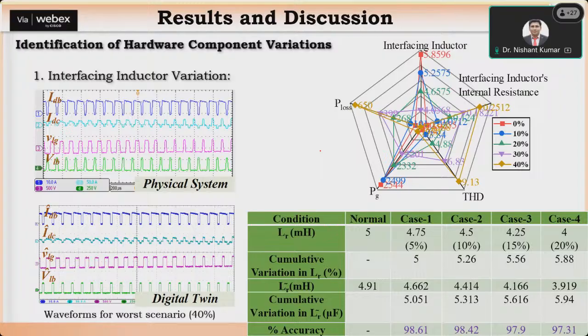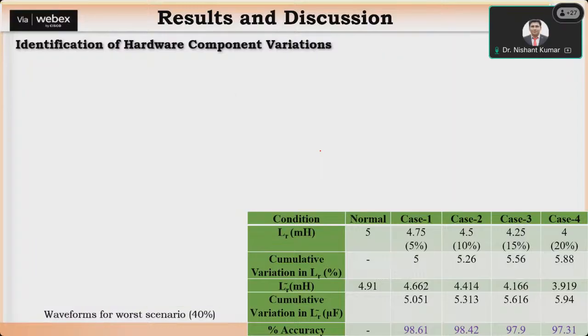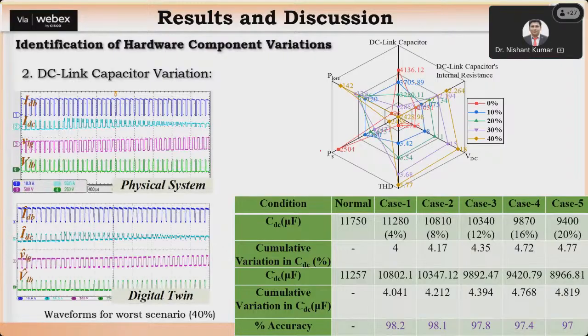Similarly, on the DC link capacitor side, we placed multiple capacitors in parallel, and during the running condition we removed the capacitors one by one. The target is that our DT should predict that the capacitor is changing. So this is in real time, and those experiments were performed also. So you can see that one.